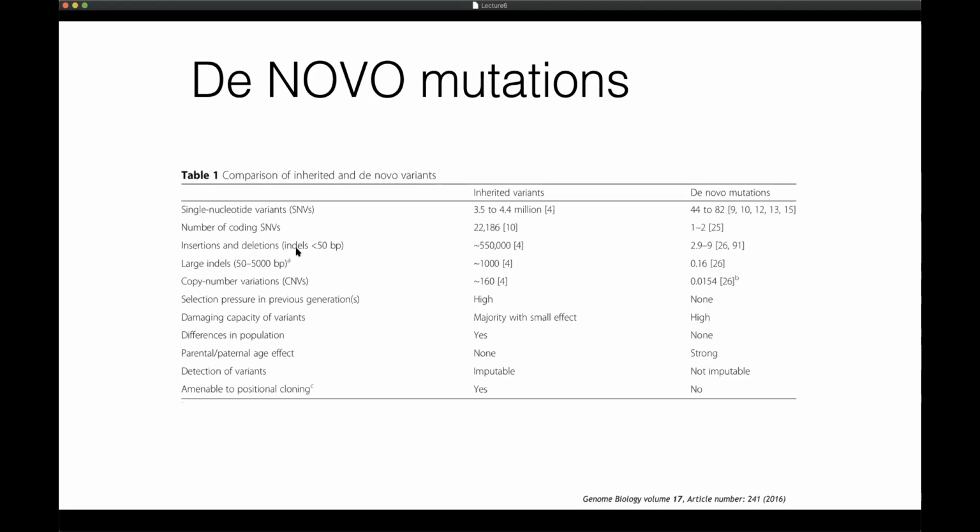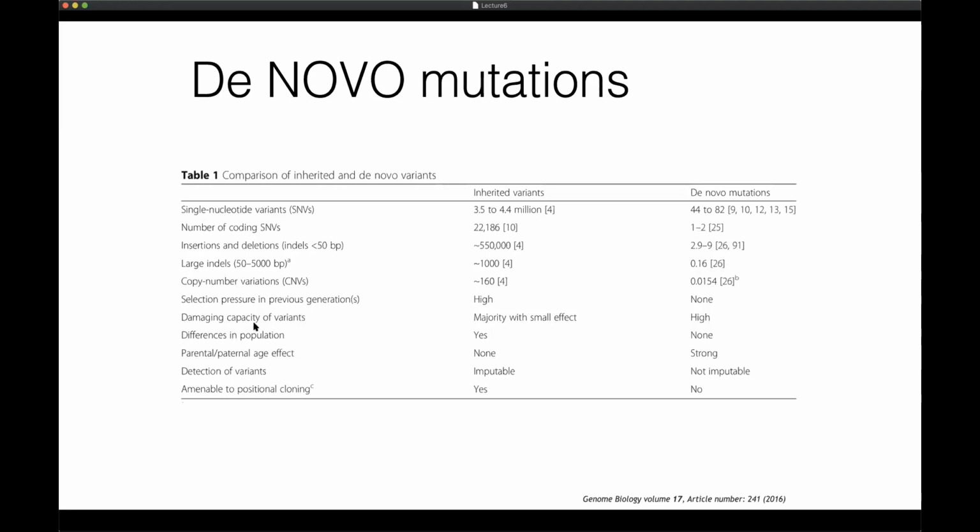You could have short insertions and deletions, long insertions and deletions, and copy number variation, which means you get an extra copy of the gene, which is very rare. Selection pressure in previous generations is high, right? Because if you happen to get a deleterious mutation, there's a very strong selective pressure for it not to move along. By definition, de novo mutations cannot be selected because they were just generated.